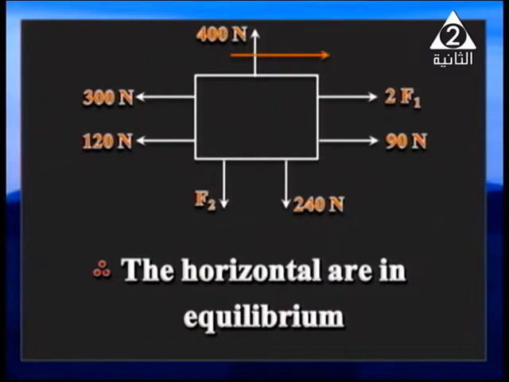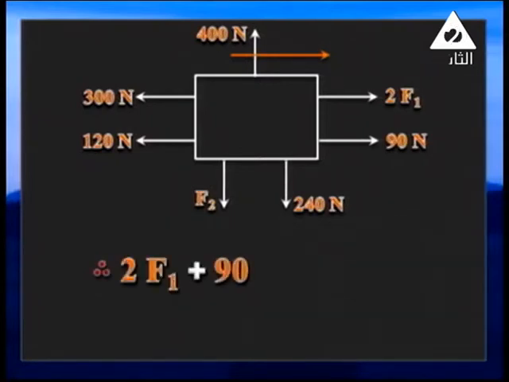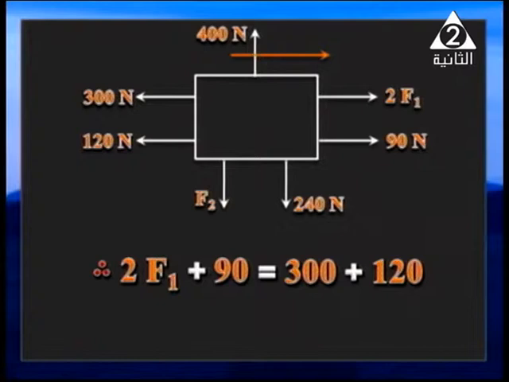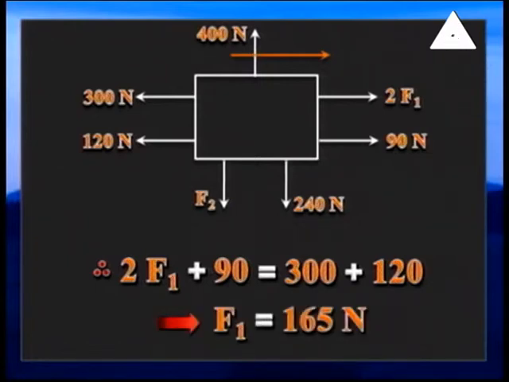Thus, we reduce that to F1 plus 90 equals 300 plus 120. Therefore, 2F1 plus 90 equals 300 plus 120. Therefore, the value of F1 equals 165 Newton.